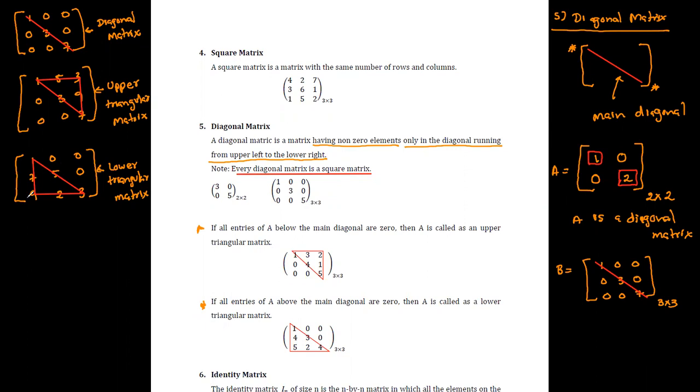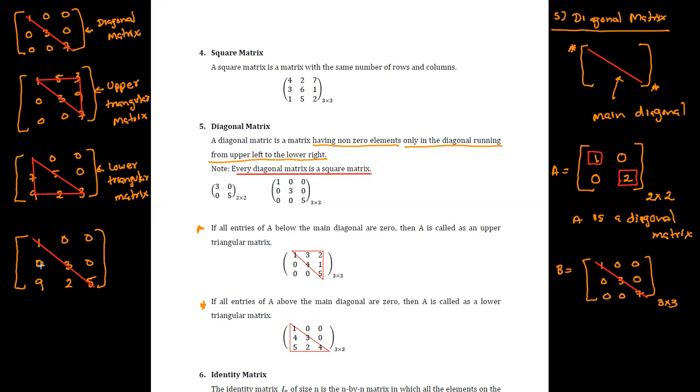Now suppose that you are getting a matrix in this form: 1 0 0, 0 3 9, 5 3 0, 9 2 5. If you are asked whether this is upper triangular, lower triangular, or none of these, what you have to check is to first draw the main diagonal and see the elements above and below it. Here we can see that all the elements above the main diagonal are 0.